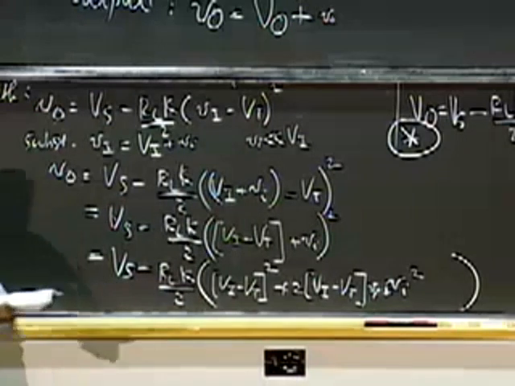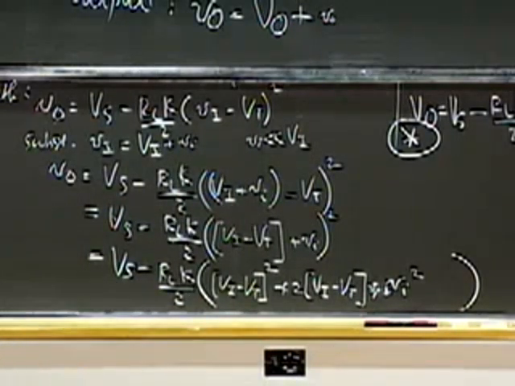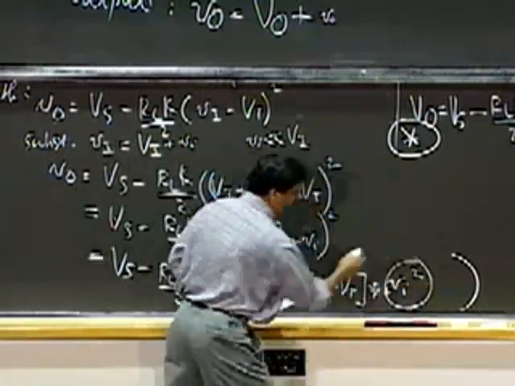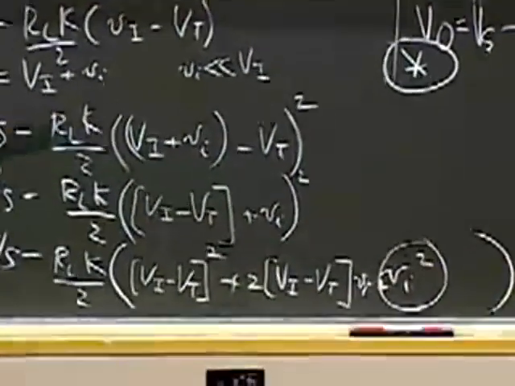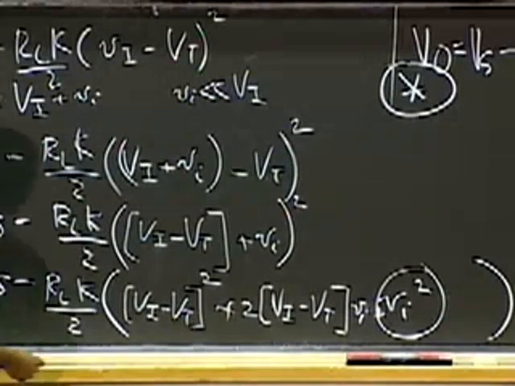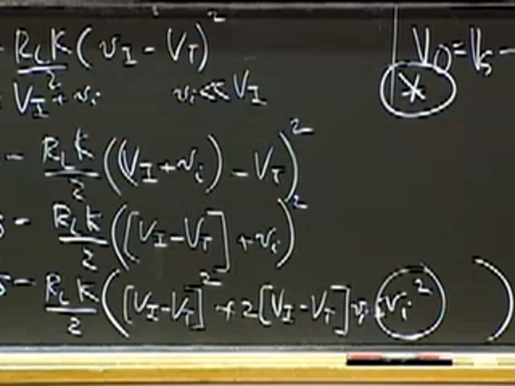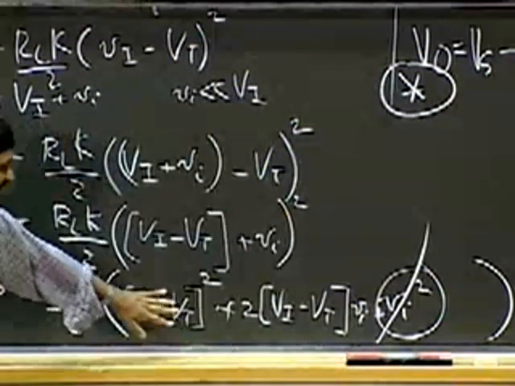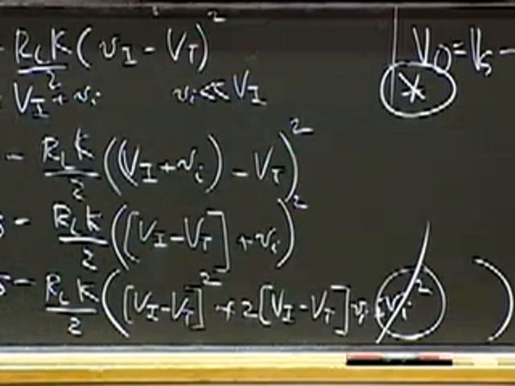I'm not using Taylor's series here because this expression lends itself to this analysis. Notice Vi squared here. I made the assumption that small Vi is much smaller than capital Vi. Assuming that Vt is small enough that Vi minus Vt is still a big number compared to small Vi, I can ignore this in comparison to the capital Vi terms.